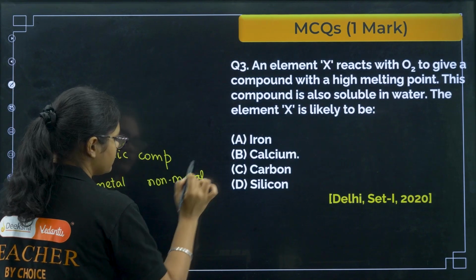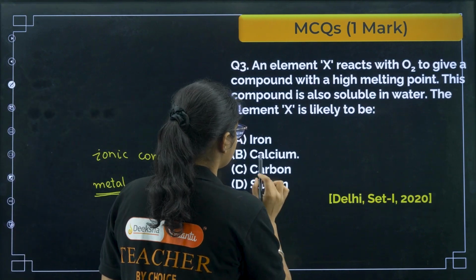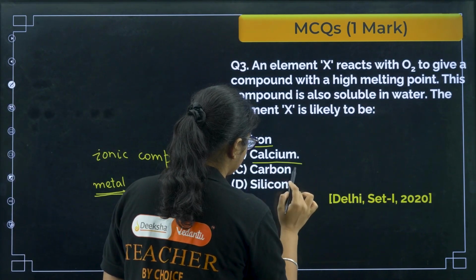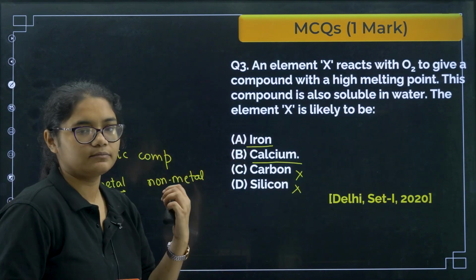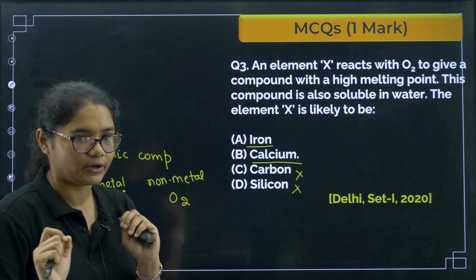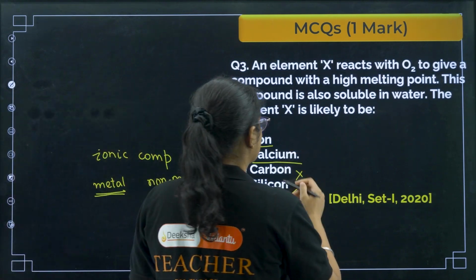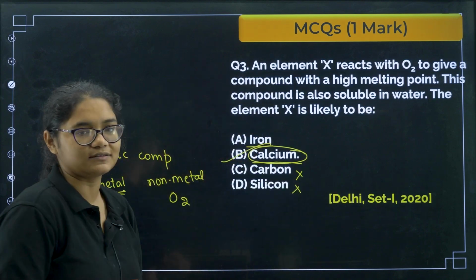And it has already told that the non-metal is oxygen, so this has to be a metal. Here we have iron as a metal, calcium as a metal, carbon is non-metal, silicon we can consider is not very reactive with oxygen, it will not have a high melting point. Okay, so out of iron and calcium we know that calcium oxides are soluble in water, so option number B is the correct answer.